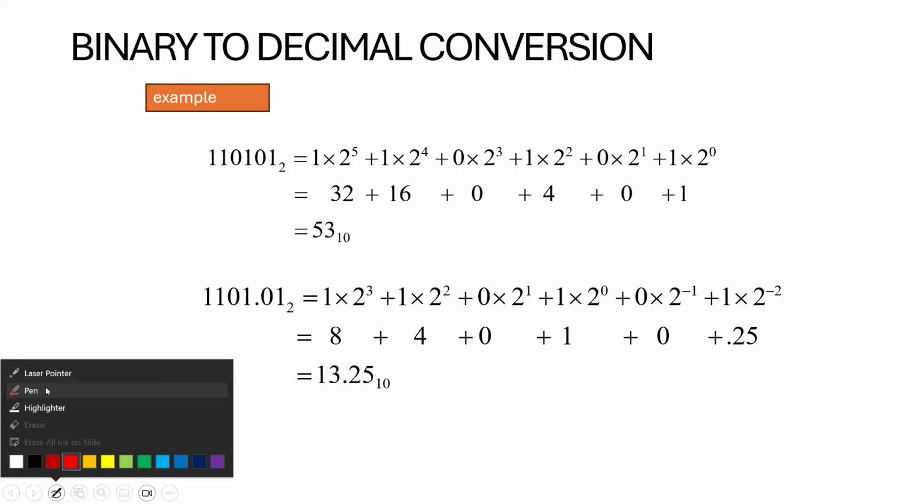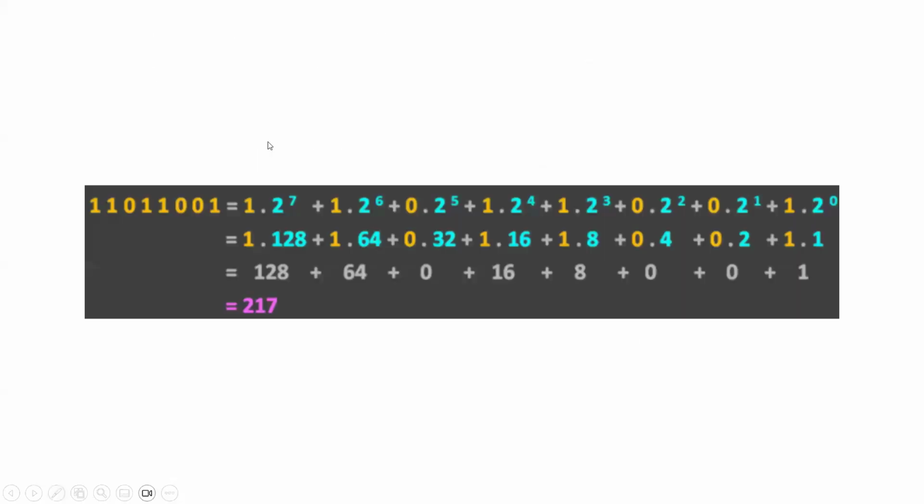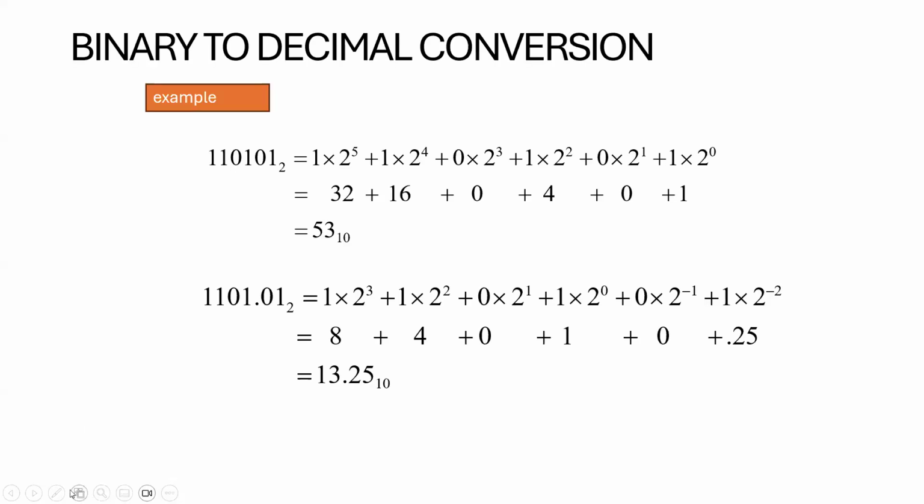Let's solve again. I'm writing over here. I'm writing the powers again on the top side of this one. As you see, we have 6 digits now, and our base value is 2. It means it's a binary number. So for the first one, as you see, here is the calculation.